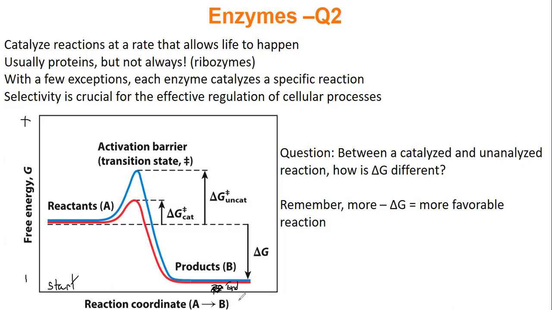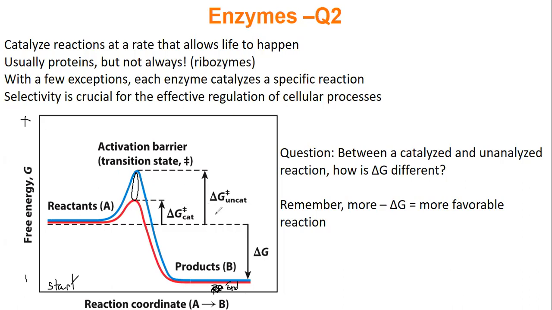So what an enzyme does is that it lowers the transition state. The transition state is basically you're half a reactant, half a product. You're transitioning from a reactant into a product. This is the most unfavorable state to be in. You don't want to be the transition state. So it's really hard to become the transition state.